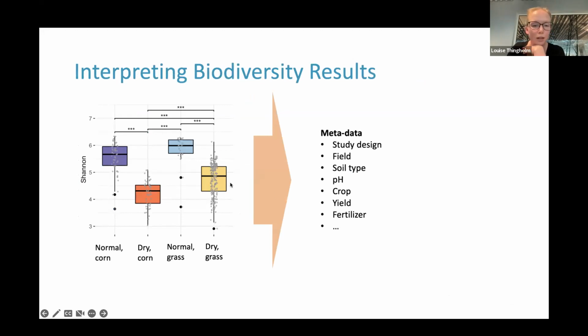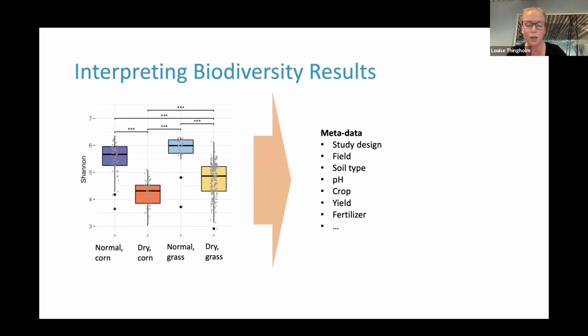Because you can see here on this slide one of the alpha diversity, one of the biodiversity measures called Shannon, listed on the y-axis of this graph to your left side. And then you have calculated these biodiversity measures for different soil samples coming from a corn field or a grass field, which has been really dry or really wet.